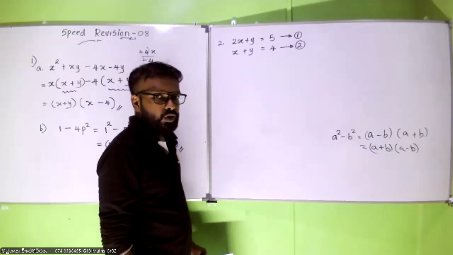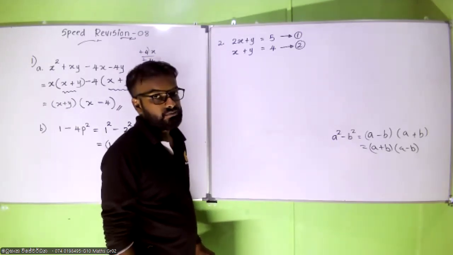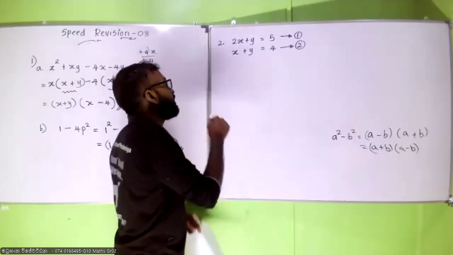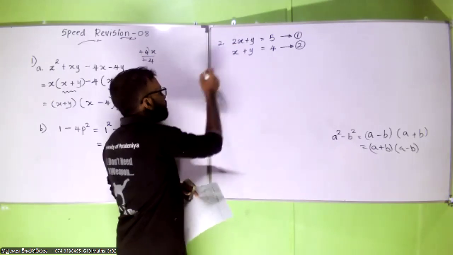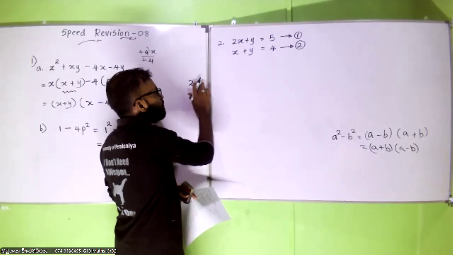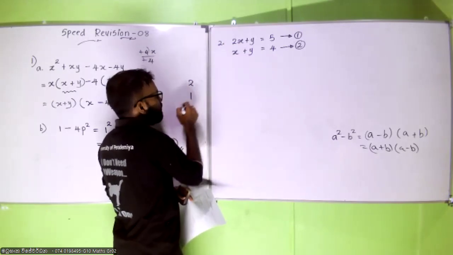So here you cannot eliminate the x term at once because the coefficient of x in equation number 1 is 2. Equation number 2, the coefficient of x is 1.